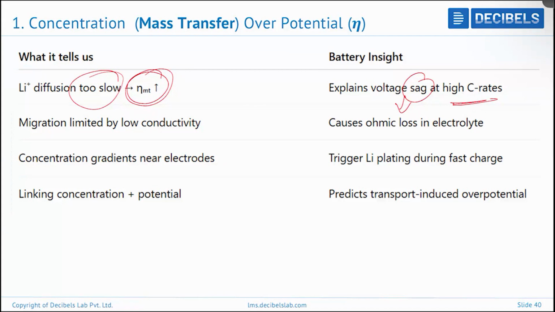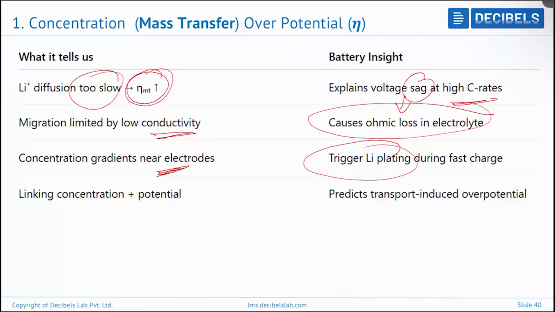Then migration is limited by low conductivity. So it causes ohmic losses that depend on the nature of the electrolyte. Then concentration gradients near electrodes. That is because of the difference in the ionic concentration. If more ion concentration is present, it leads to lithium plating during fast charging.